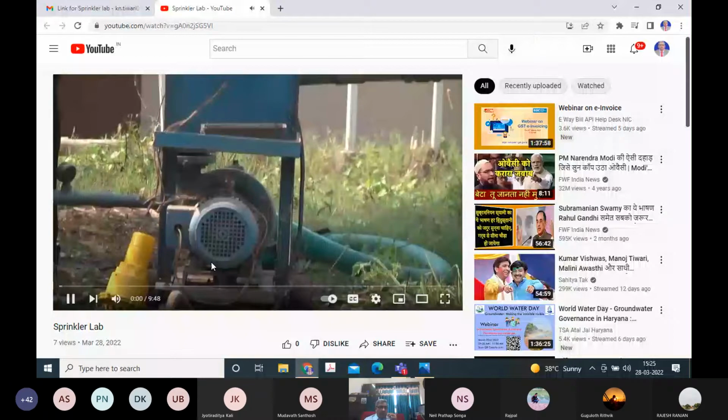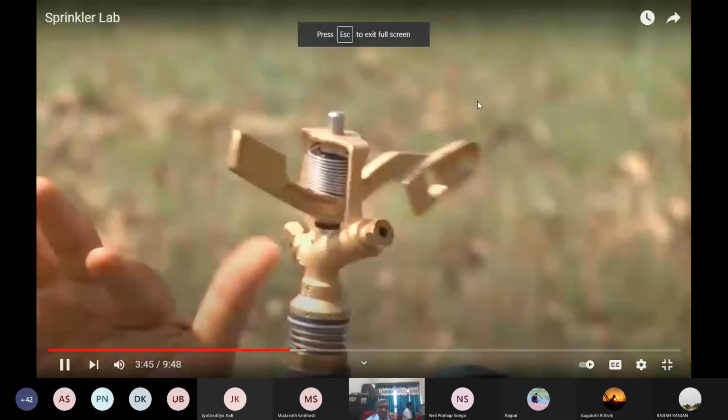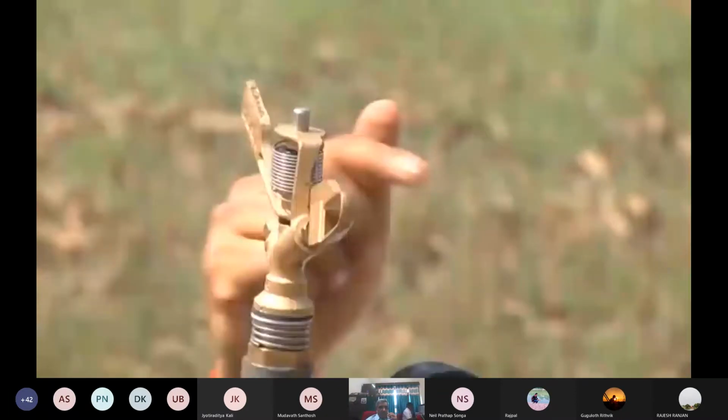Because of this torque, when the jet comes, it will hit. Once it is hitting, it deflects, and the deflection causes the sprinkler head to rotate. So this way it takes one particular circle.